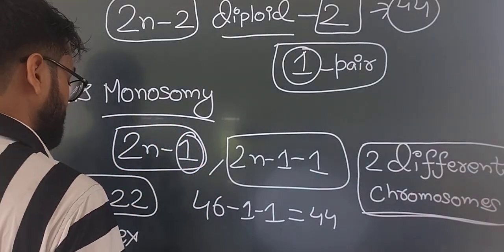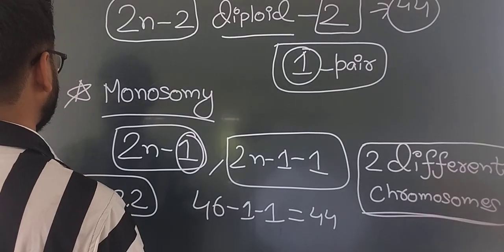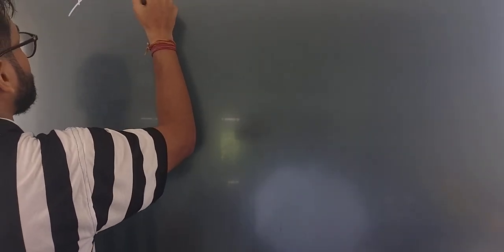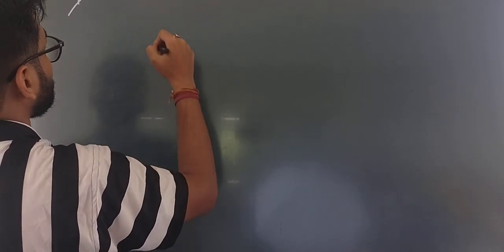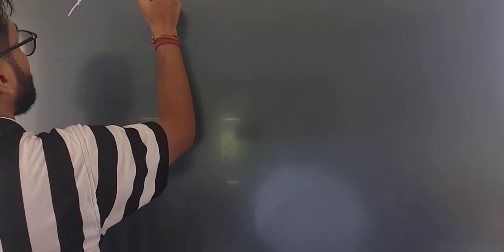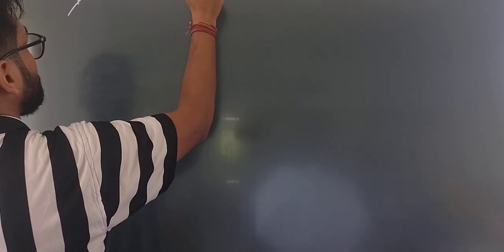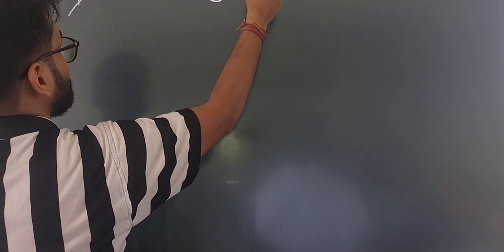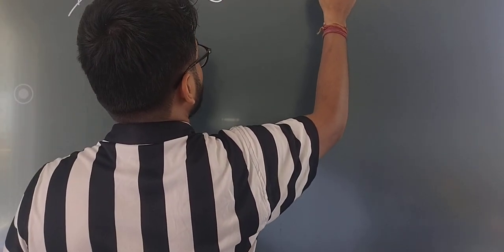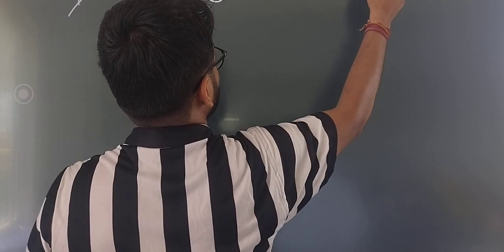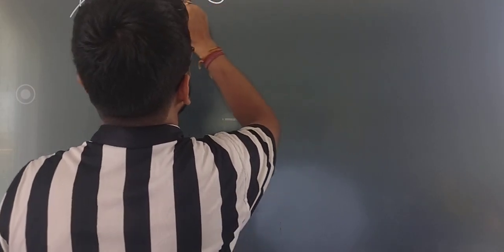Now moving on to the next one, trisomy and tetrasomy. Let me explain both of these together, because if you have understood nullisomy and monosomy, this should feel familiar.